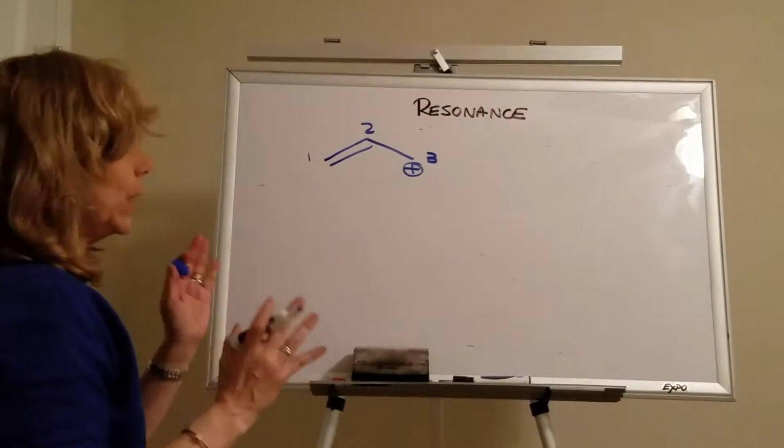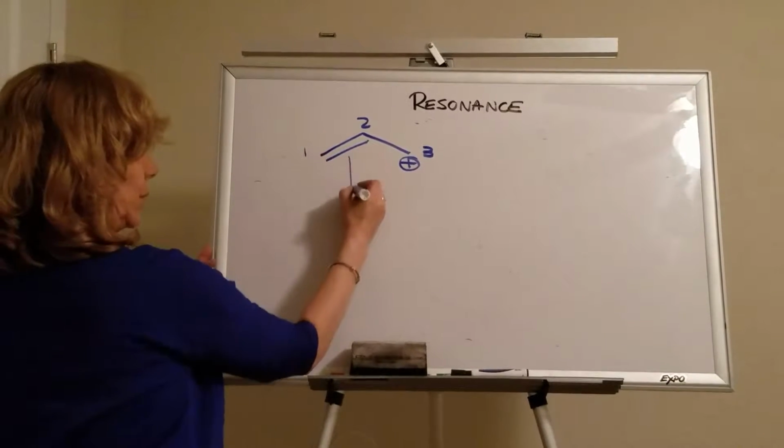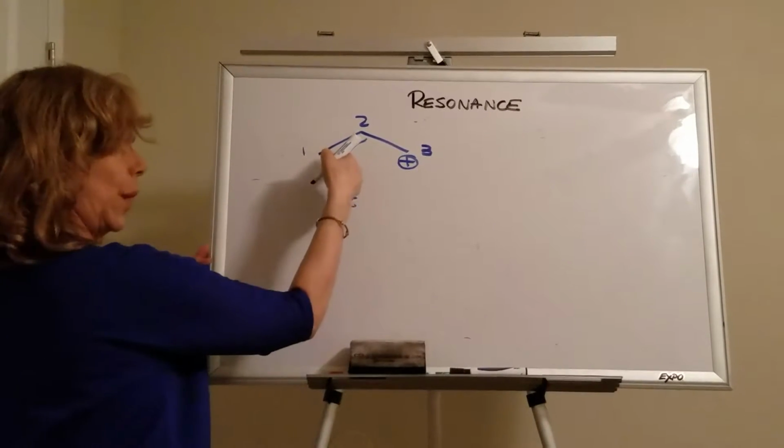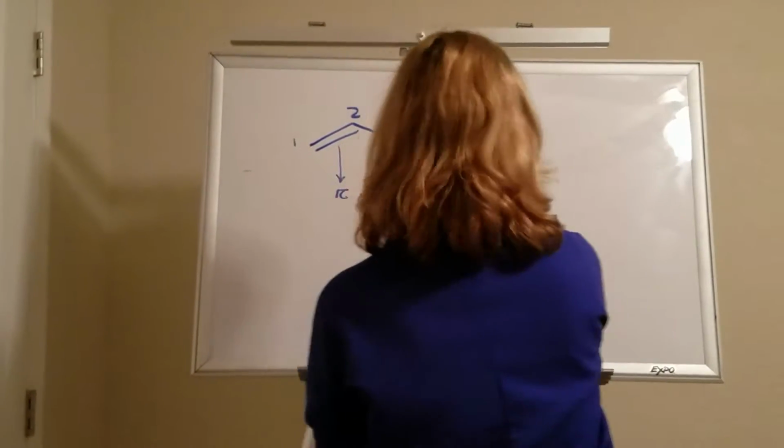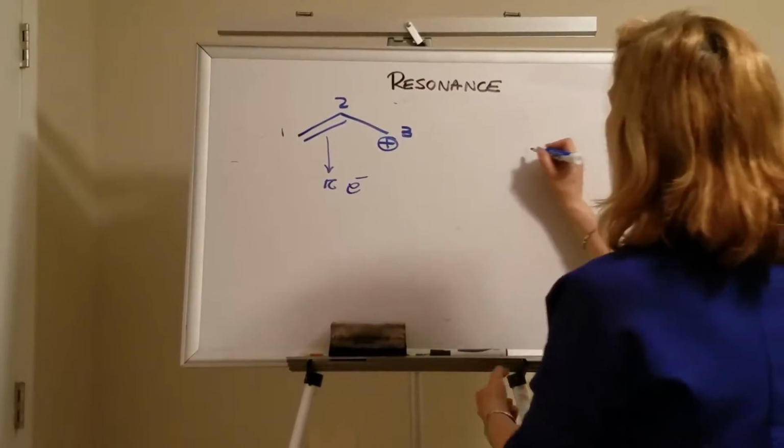To understand how we can move pi electrons, those are pi electrons. Here is a pi bond, here's a sigma bond. How we can delocalize pi electrons, let's do a different drawing.